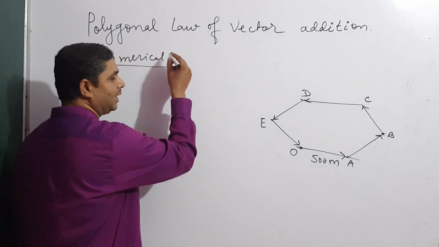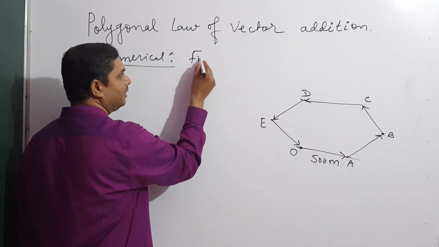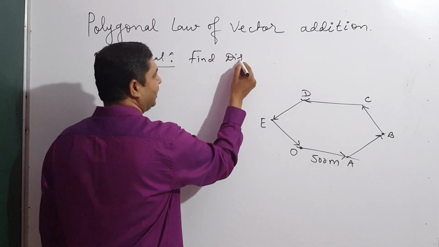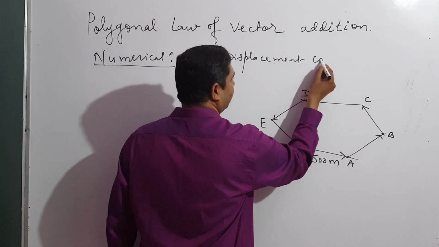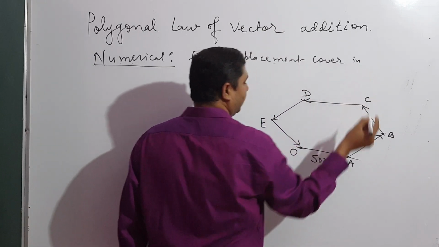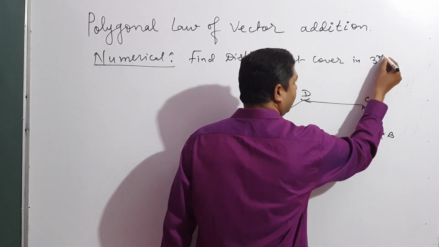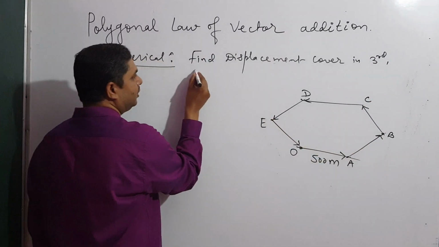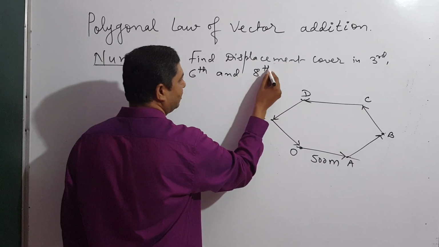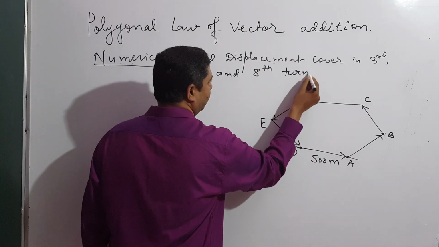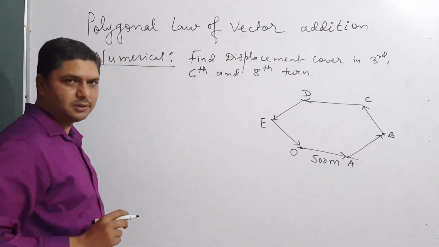This means the numerical asks you to find the displacement covered in the third, sixth and eighth turn.